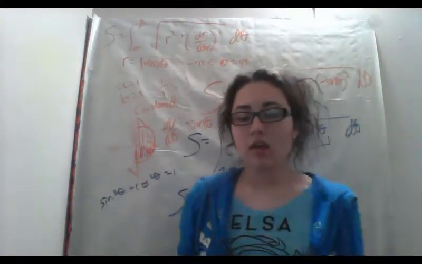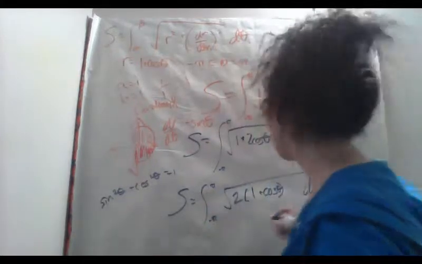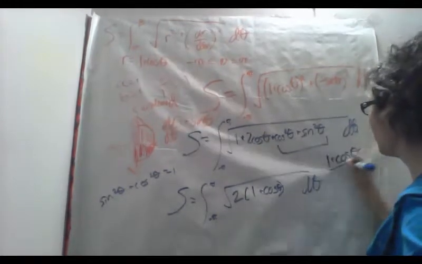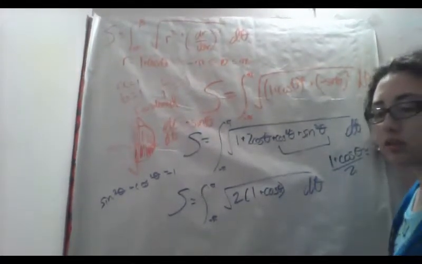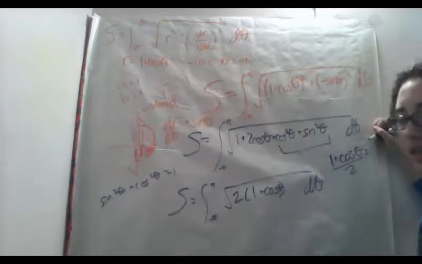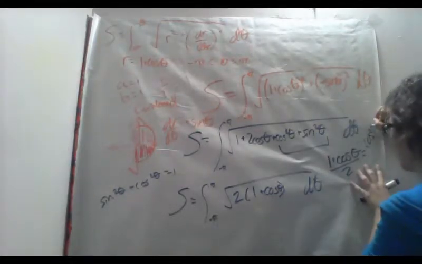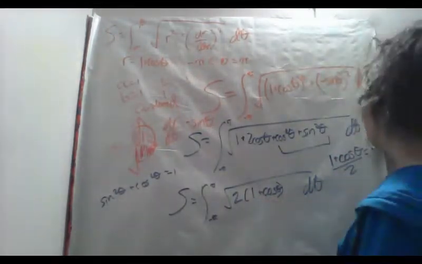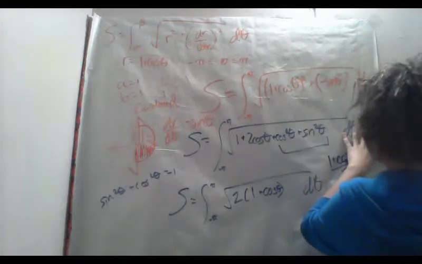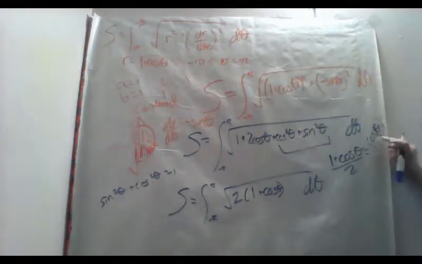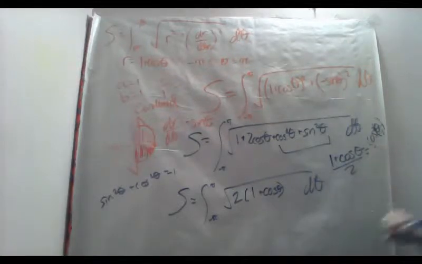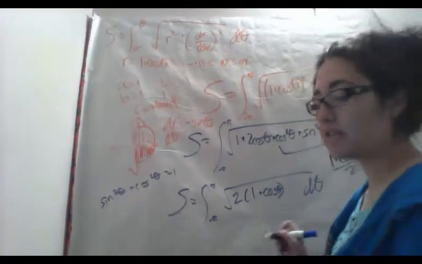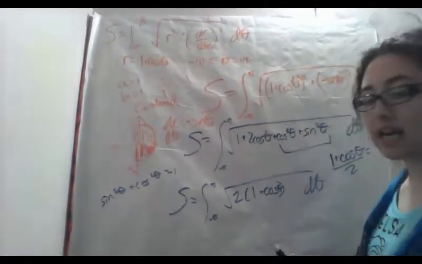And then we can use one more trigonometric equation. Do you remember the one that we were using before? Cosine squared of theta over 2 equals 1 plus cosine theta over 2. Well, we don't have this division over here, so we just have to divide the theta by 2. You see that? So all we gotta do is replace this, so it's something we can actually work with.